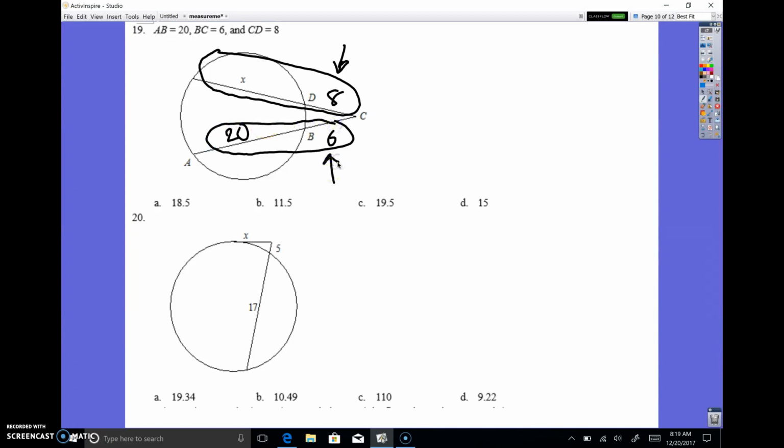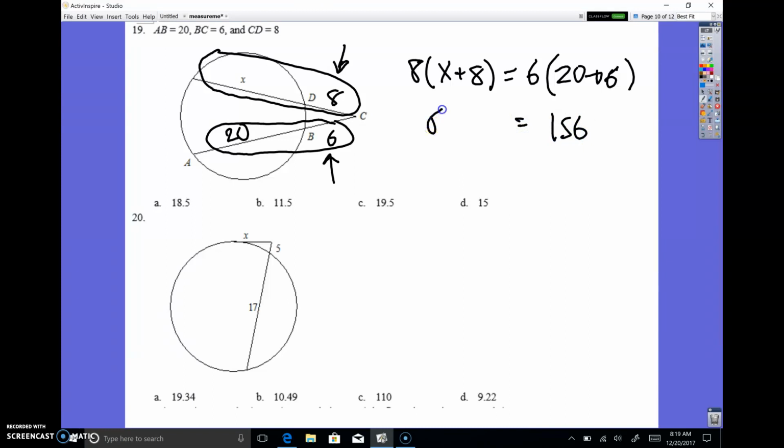So I have 8 times x plus 8, and we let them equal to each other. 6 times 20 plus 6.